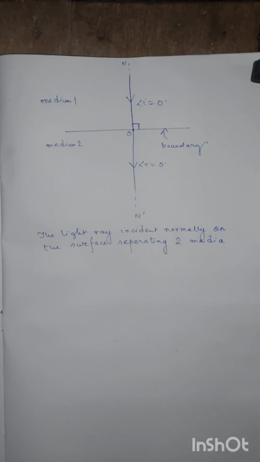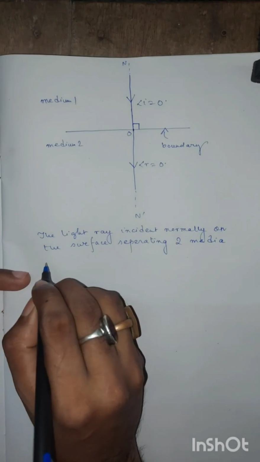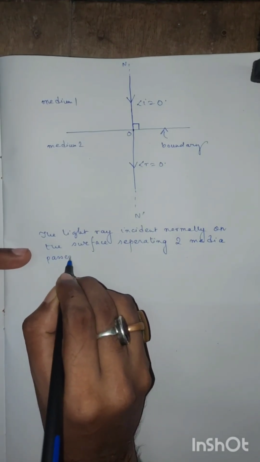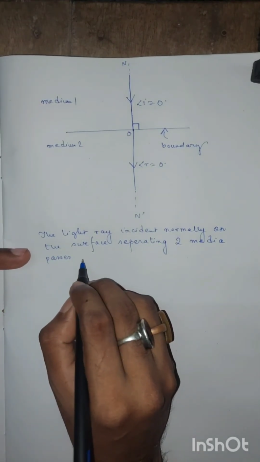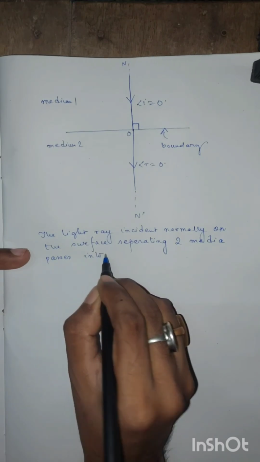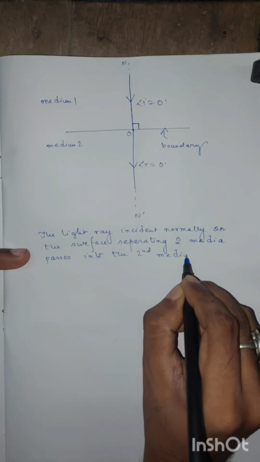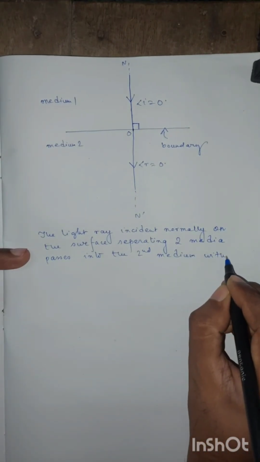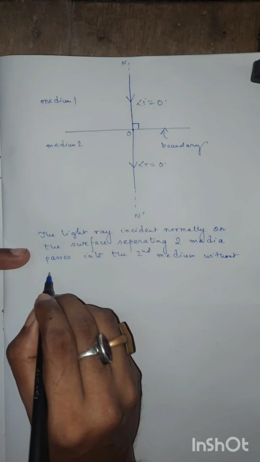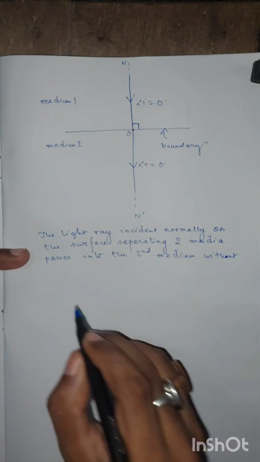The light ray incident normally on the surface separating two media passes into the second medium without deviation.